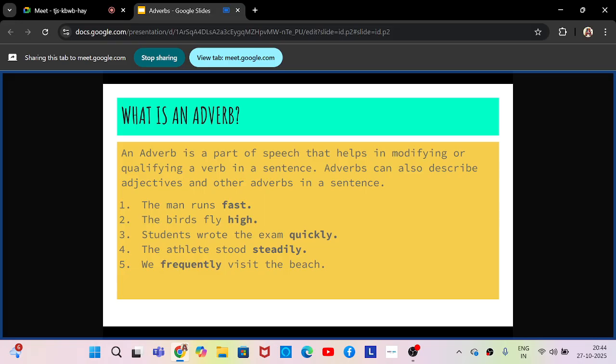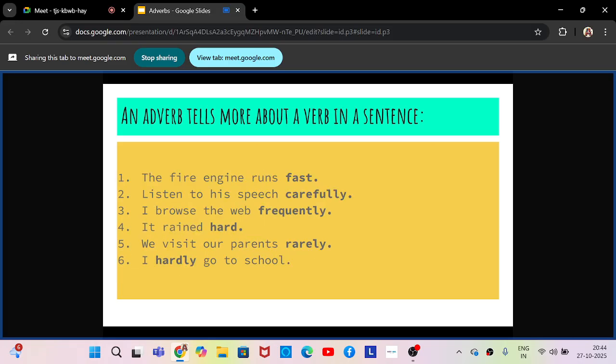So I'm telling we visit the beach frequently or we frequently visit the beach. You can write the adverb in the middle of the sentence or even at the end of the sentence. If I write we visit the beach frequently, that is also correct. Now let's continue. An adverb tells more about a verb in a sentence. We have a few more examples to go through. Yes, Samshipta, you can read one by one.